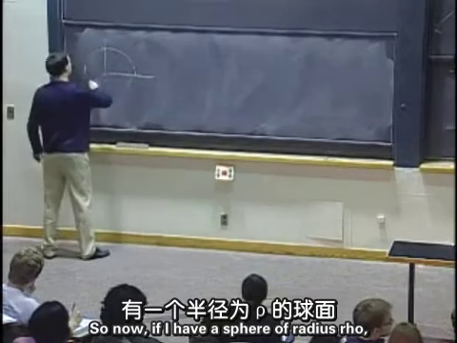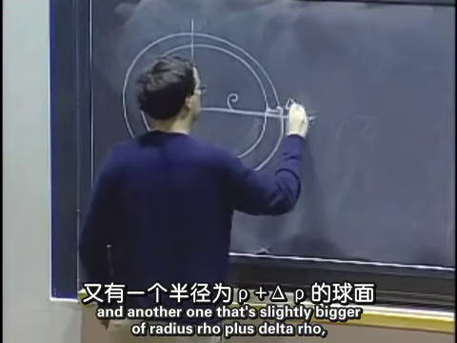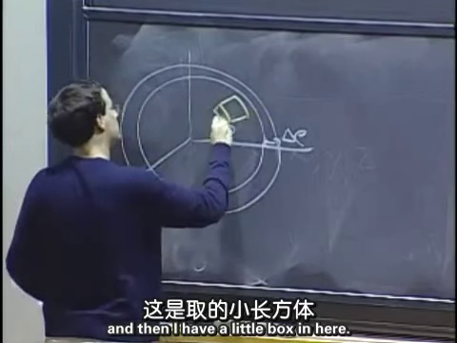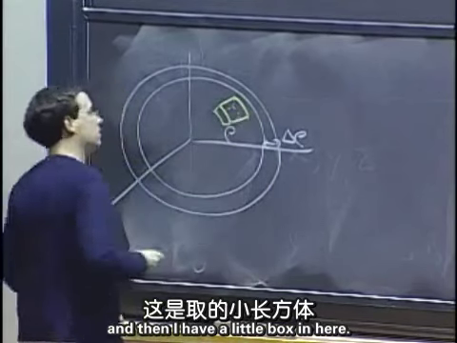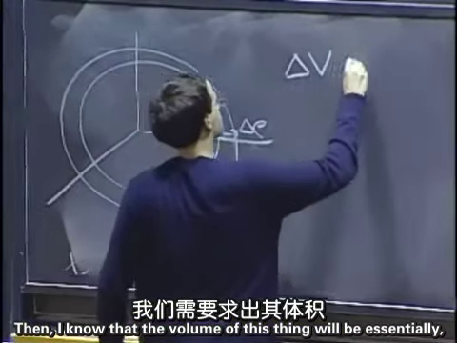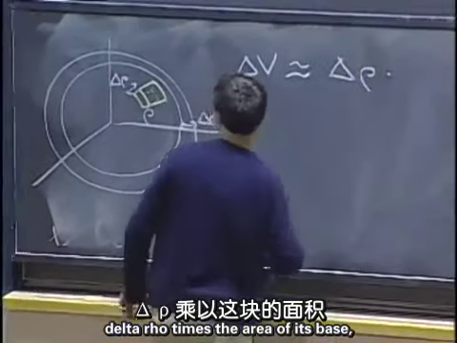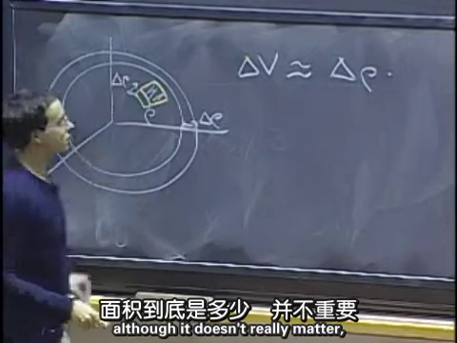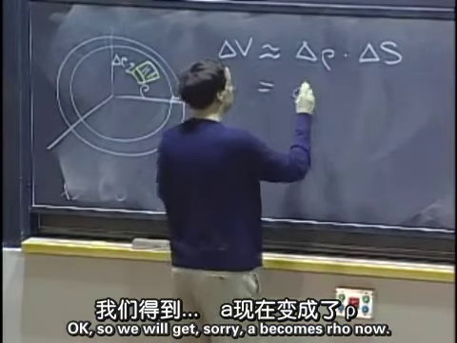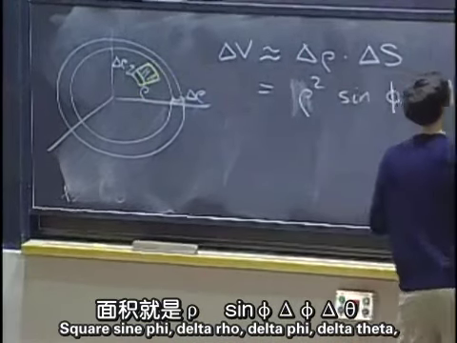So now if I have a sphere of radius rho and another one that's slightly bigger of radius rho plus delta rho, and then I have a little box in here, then I know that the volume of this thing will be essentially its thickness, which is going to be delta rho, times the area of its base, or top, doesn't really matter, which is what we've called delta S. Okay, so we'll get, a becomes rho now, rho squared sine phi delta rho delta phi delta theta.